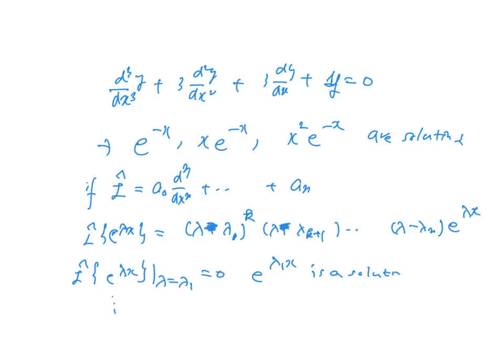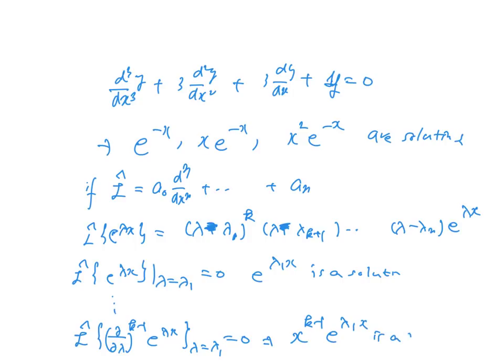You can do this, and the (k minus 1)th derivative is again 0. So x to the k minus 1 exponential lambda 1 x is a solution.